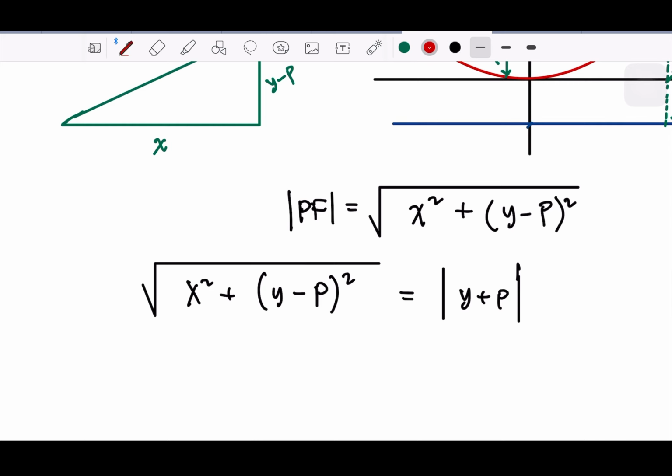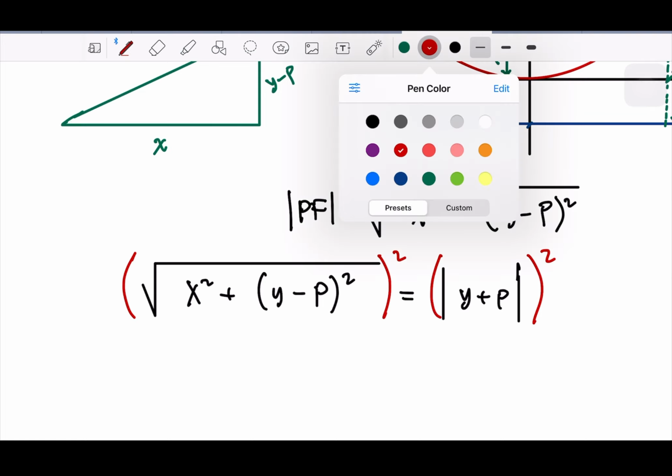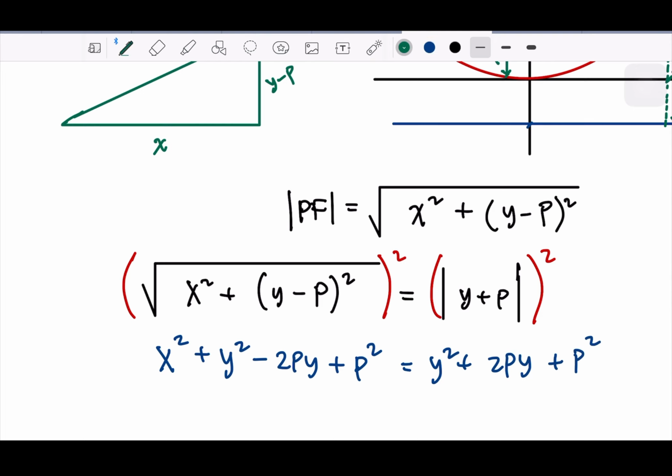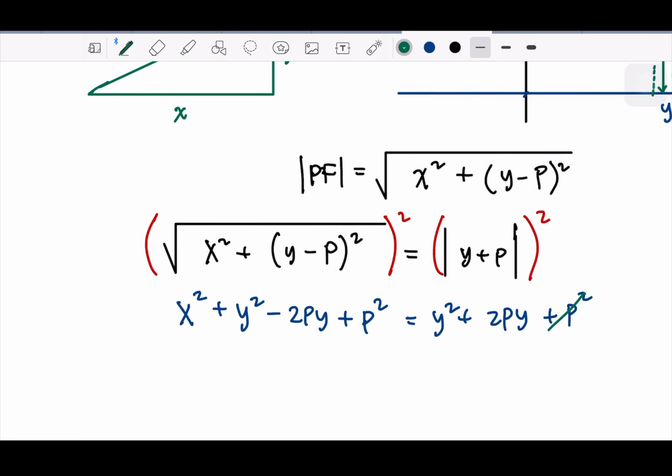Now to solve this equation, we can remove the square root by simply squaring both sides. And then we can remove p squared, remove y squared, and we get the equation x squared equals 4py.